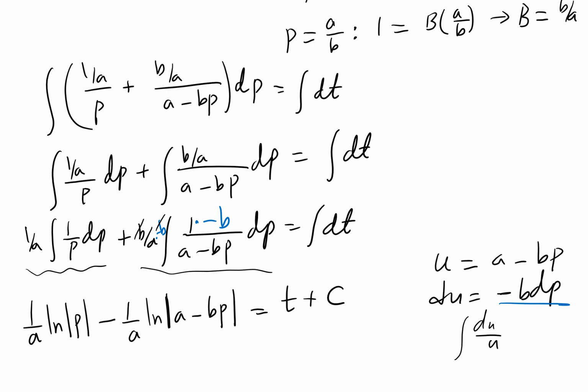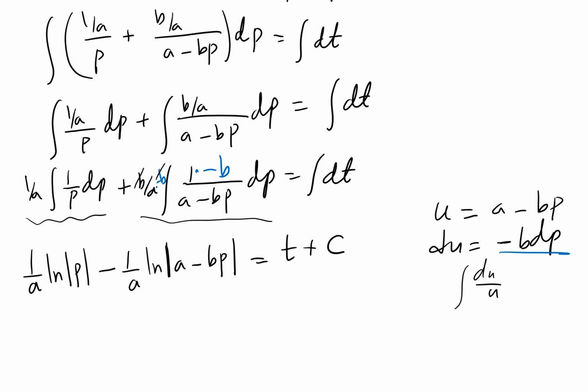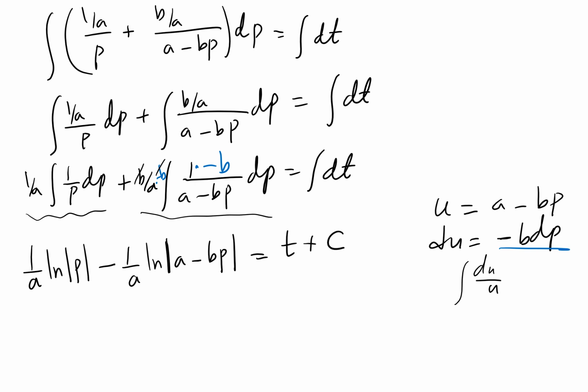So when they say solve this, what are we trying to solve for? What are you trying to find here? P, yes, the P. So how do you solve for P here? Combine the logs.